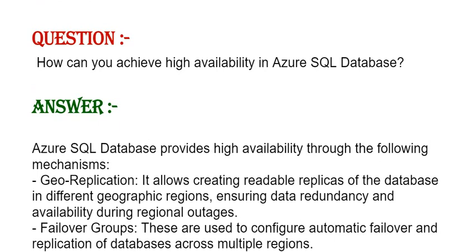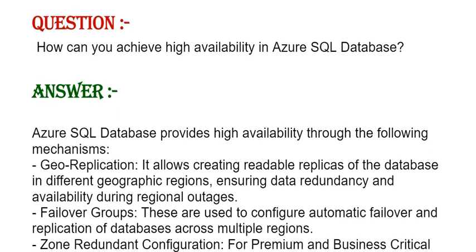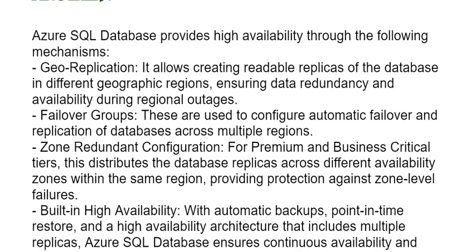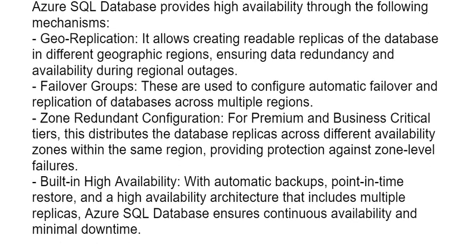Geo-replication allows creating readable replicas of the database in different geographic regions, ensuring data redundancy and availability during regional outages. Failover groups are used to configure automatic failover and replication of databases across multiple regions.